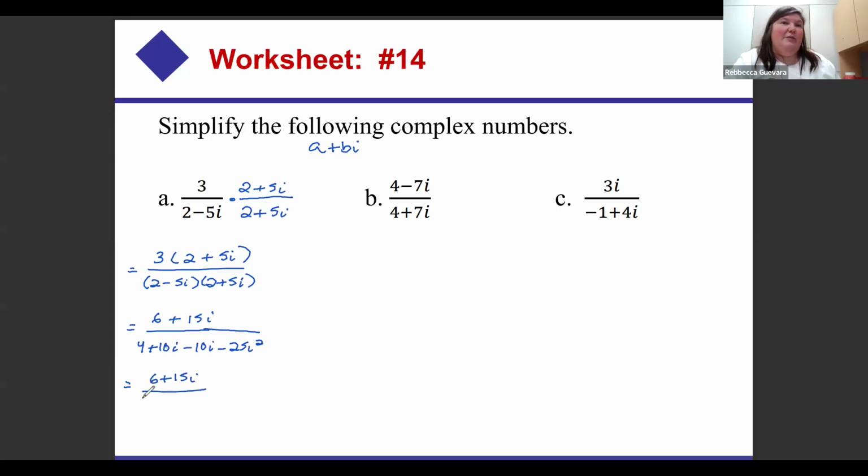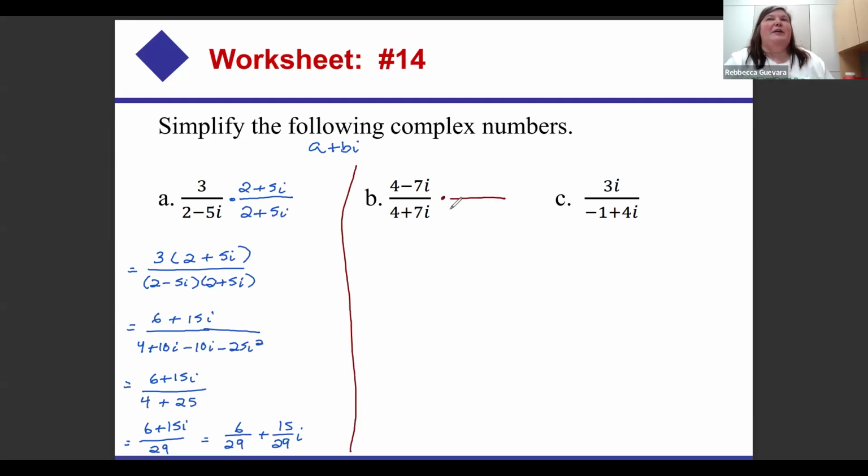And then the bottom is going to turn into 4 plus 25. Add those together, that's a 29. So I break this up, that's just 6 over 29 plus 15 over 29i.